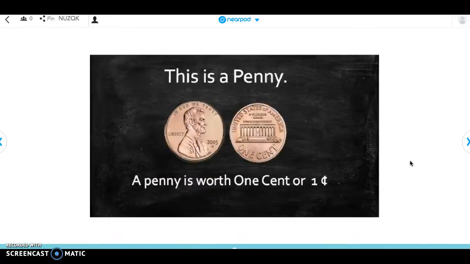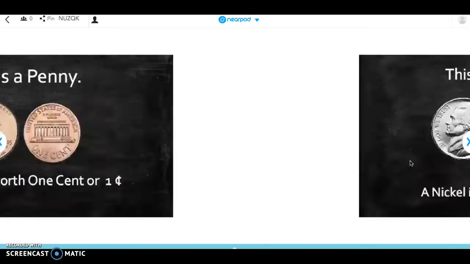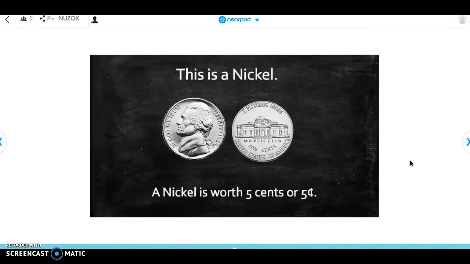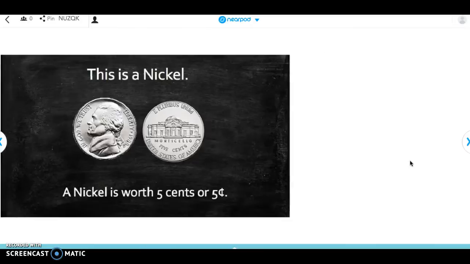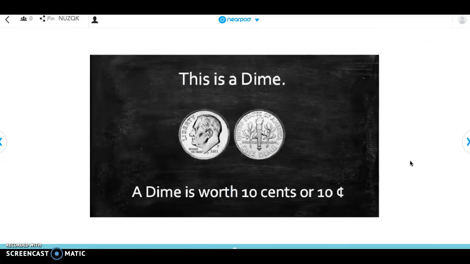This is a penny, and a penny is worth 1 cent, or when you write it, 1 with a cent symbol. This is a nickel. A nickel is worth 5 cents, or when writing, it is 5 and a cent sign. This is a dime.